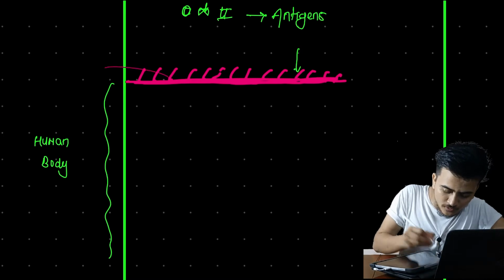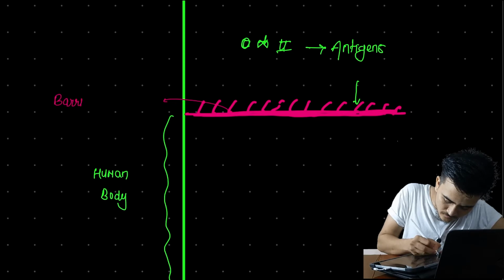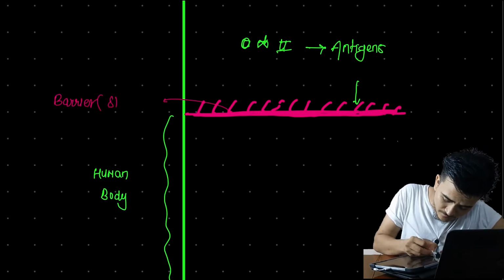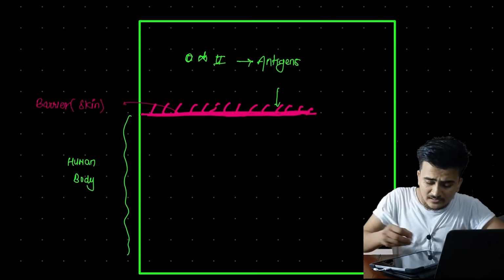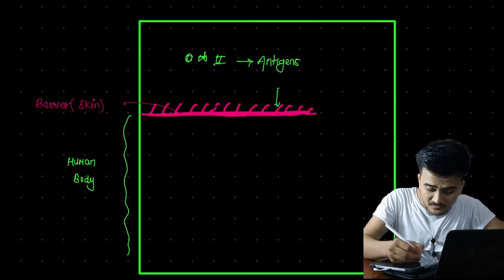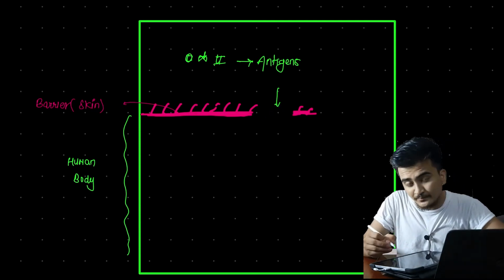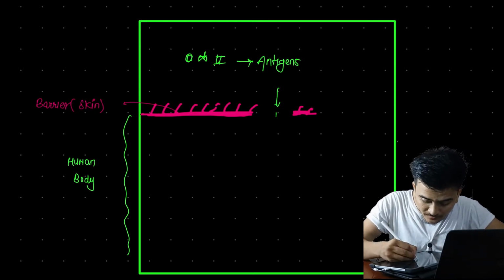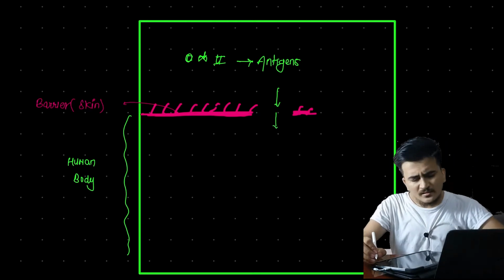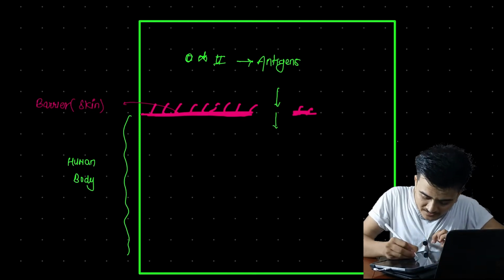Here we have drawn what? We have drawn the barrier which is skin. This antigen cannot enter our body, but if there is any problem and this antigen gets a chance to get inside the body, then initially they come in contact with antigen presenting cells.